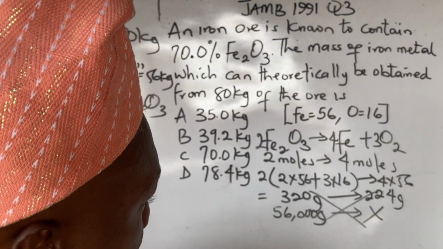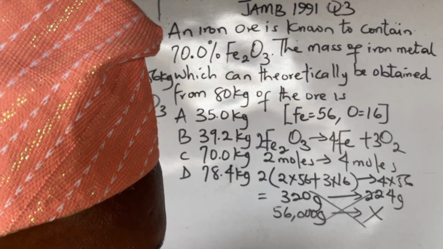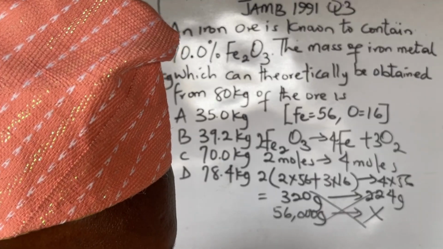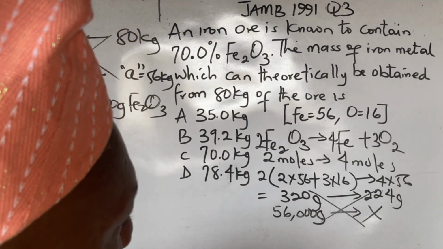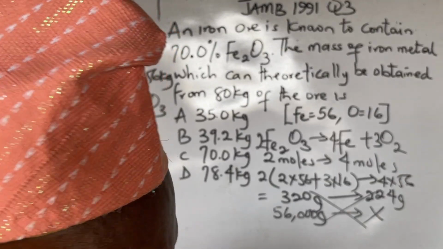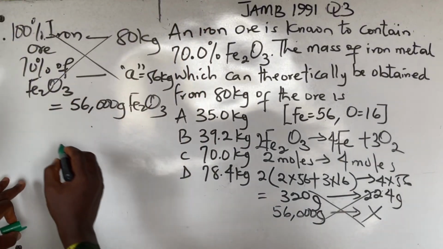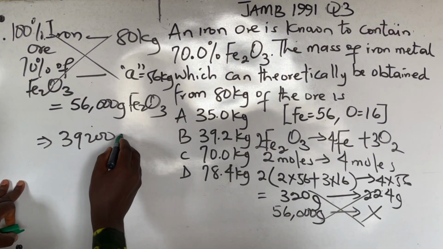So we have 56,000 times 224 divided by 320. So we have 39,200 grams.